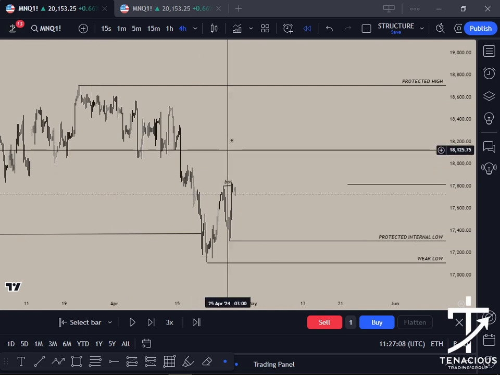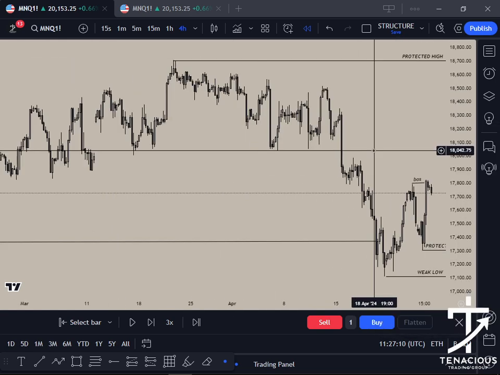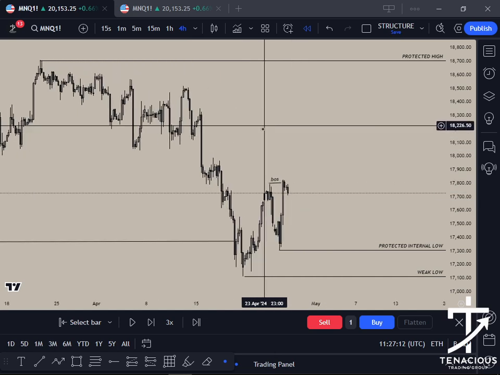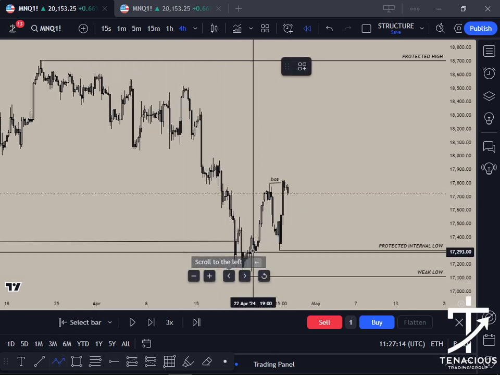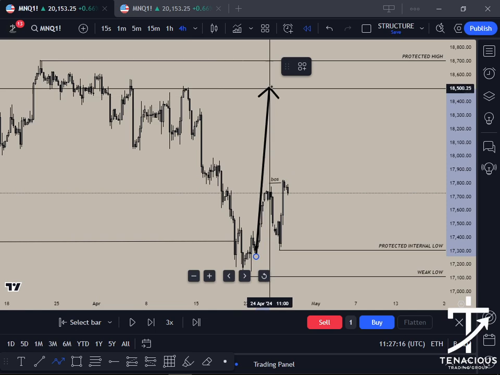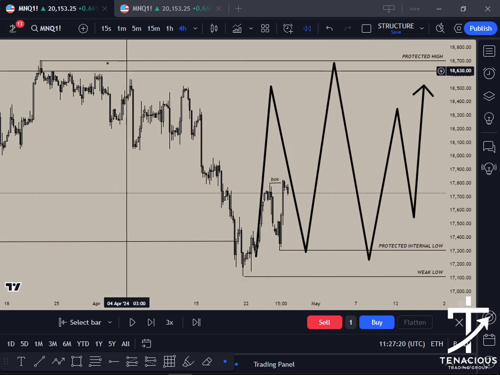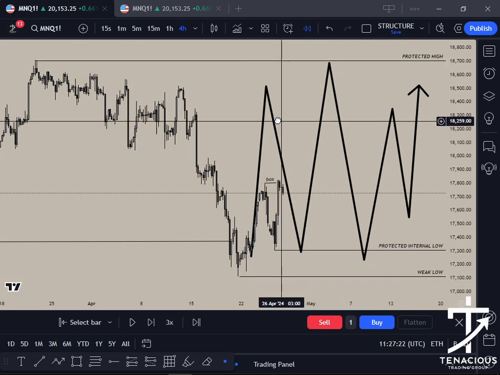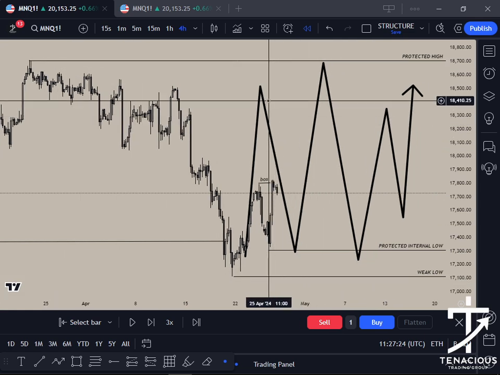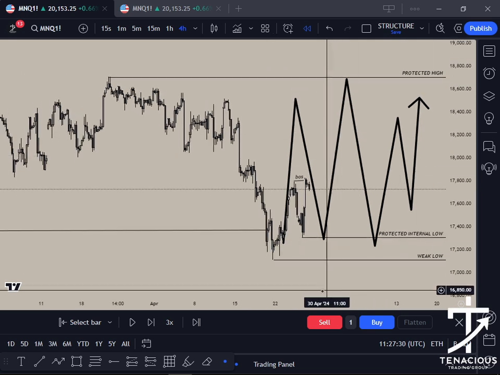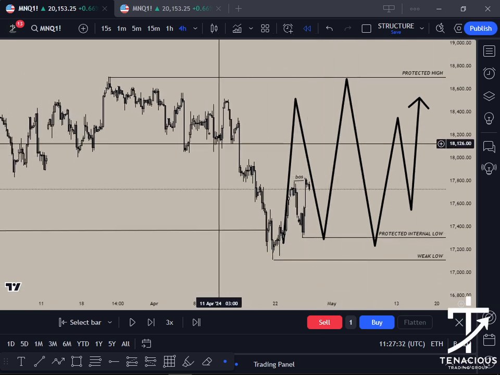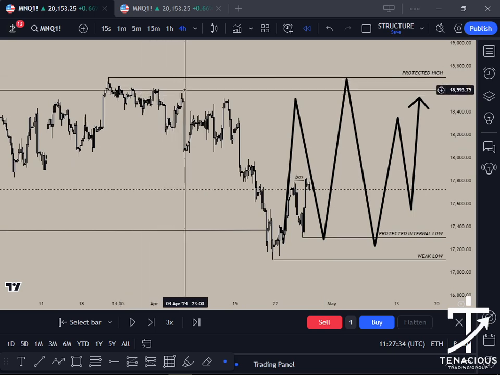A lot of guys seem to get faked out a lot of the time because they don't know what structure is doing. Anything between this protected high and this weak low is internal, guys. It is not external. It only becomes external when we break this weak low or we break this protected high.